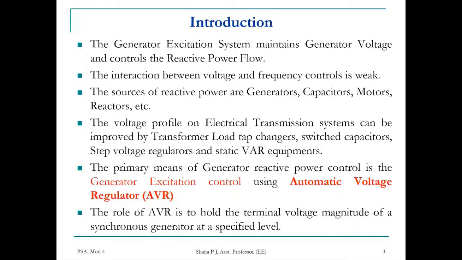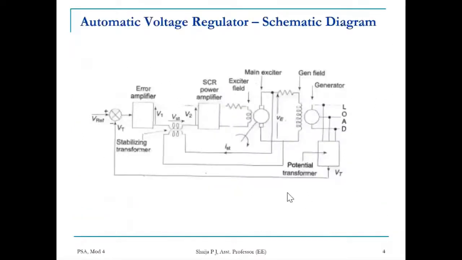Now we'll see the schematic diagram of an AVR. This is the schematic diagram of an AVR. In this diagram, this is the main generator. This end is the bus end or load end.